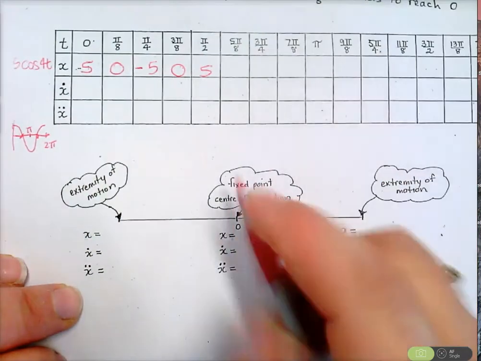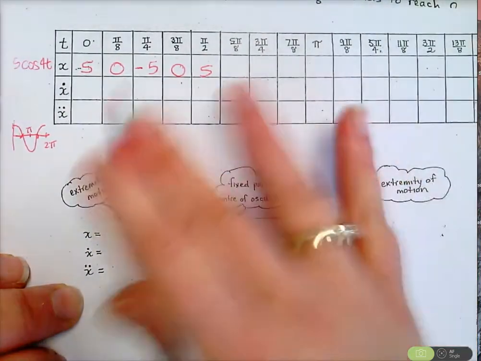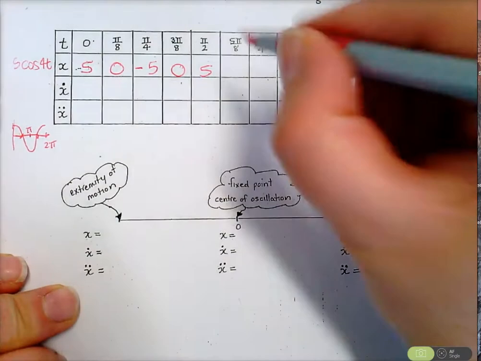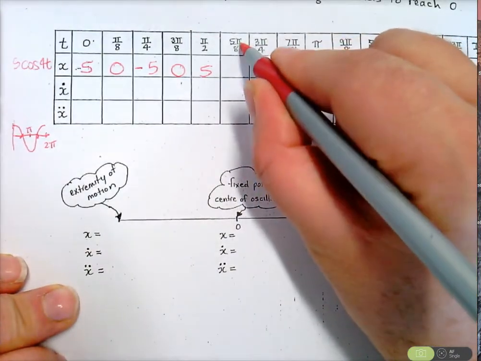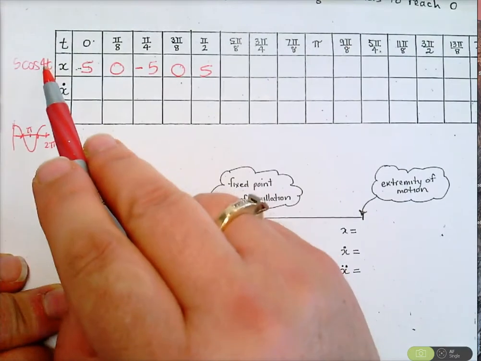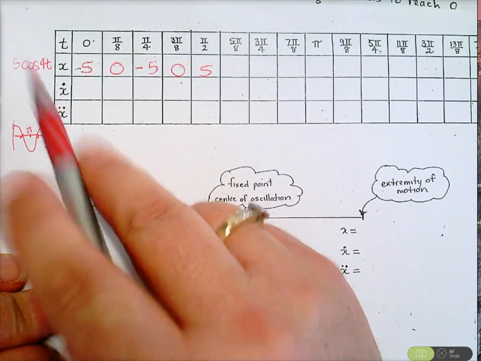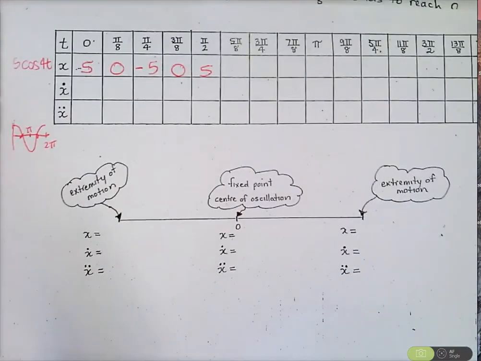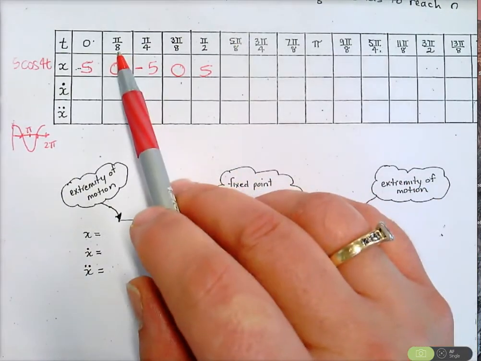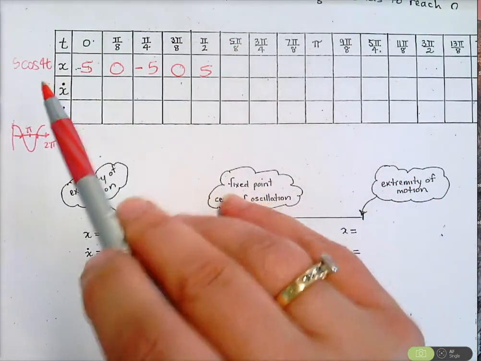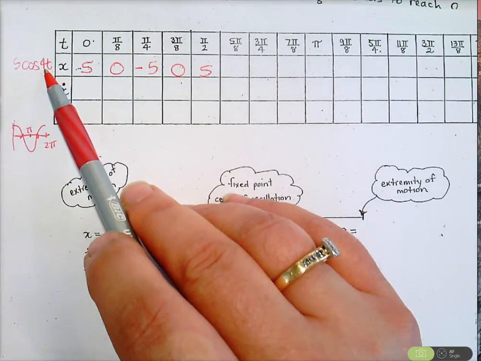Now, these are just going up by the same amounts. This would just continue. So what have we got for 5 pi on 8? Wait, Miss, isn't the first one 5 on 2? Oh, because cos of 0 is 1. Yeah. So 5 pi on 8, what do we get? 5 on 2.